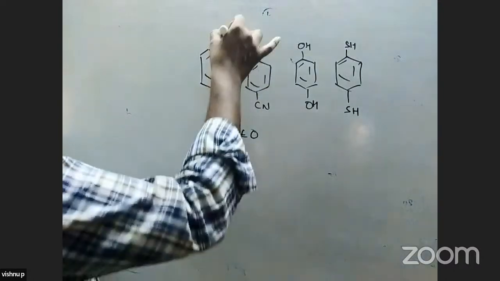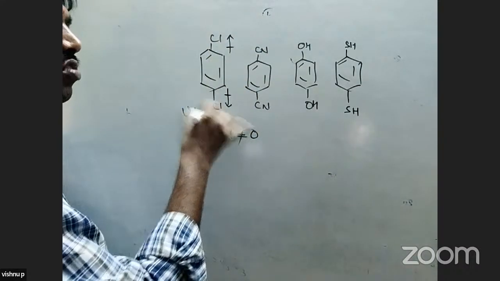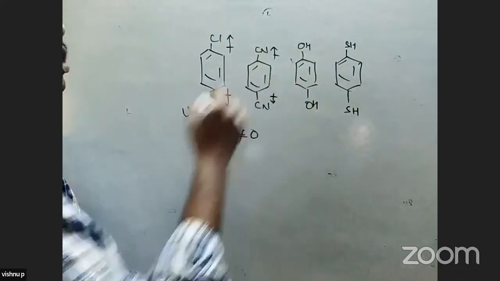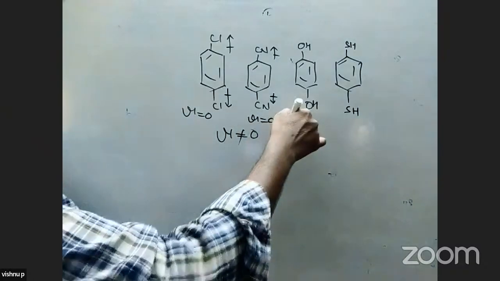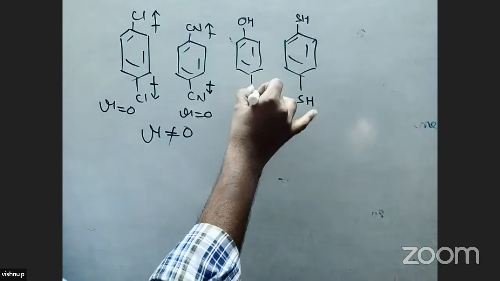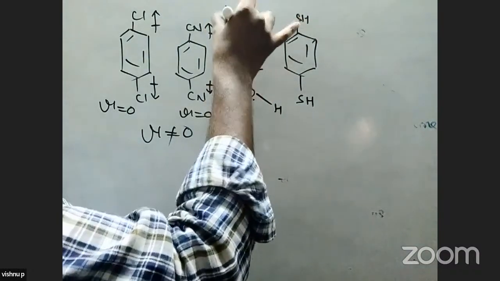Here, this is the direction, and mu is equal to 0. Cyanide is also a withdrawing group, this is the direction, mu is equal to 0. But in the case of OH, the central atom oxygen shows a lone pair of electrons. So if a lone pair is present, what happens? It shows a dipole moment.